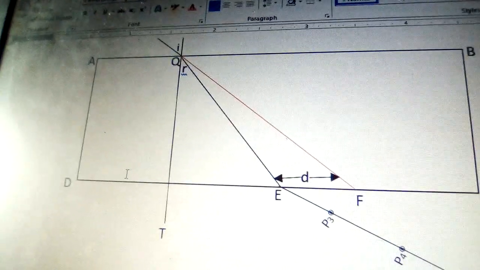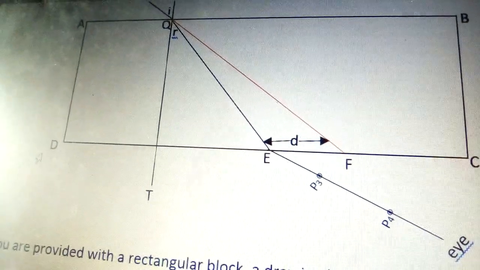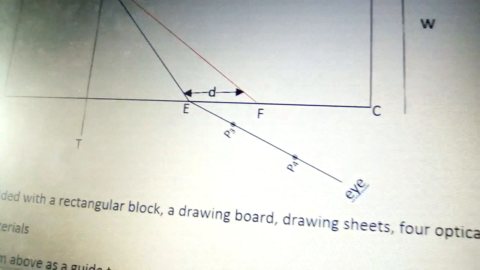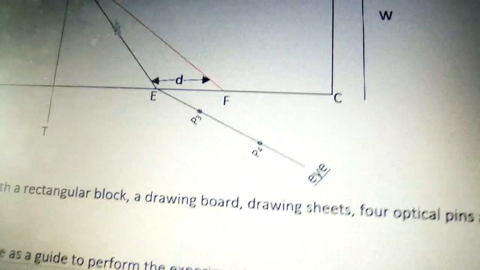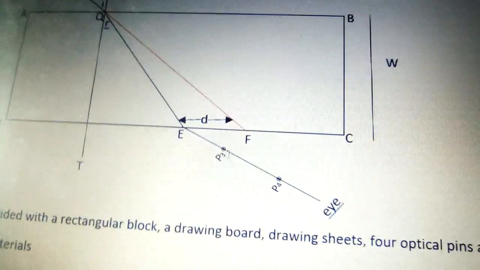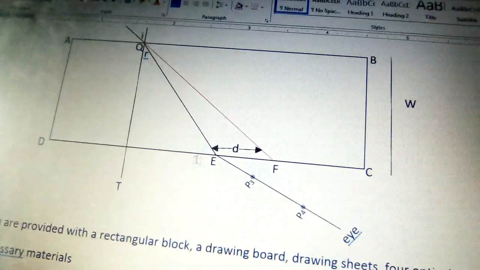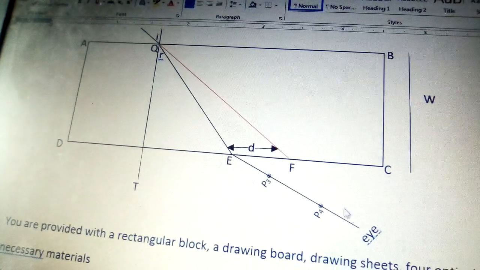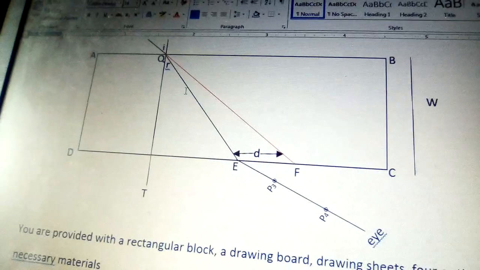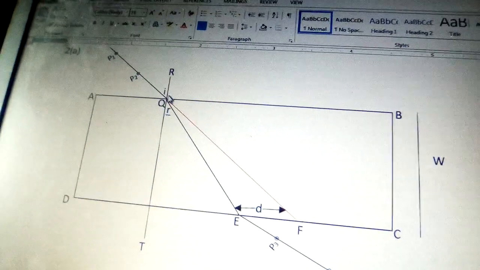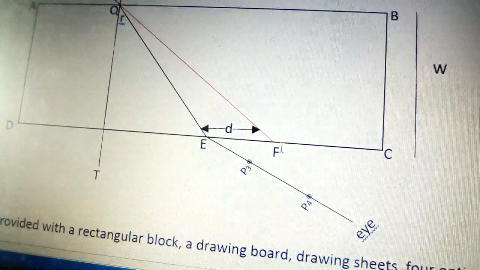We should know that no matter where you view the image on this face DC, no matter the position you stay to view the image, you see the images. But we're looking for a position whereby the images we are seeing through DC will be in a straight line. When we're able to get that position, we now place our search pins P3 and P4 and then complete the construction. And then measure angle r and angle i and measure the displacement, which is EF.